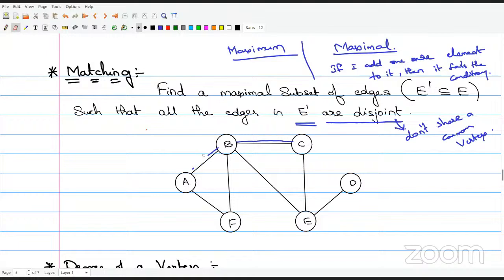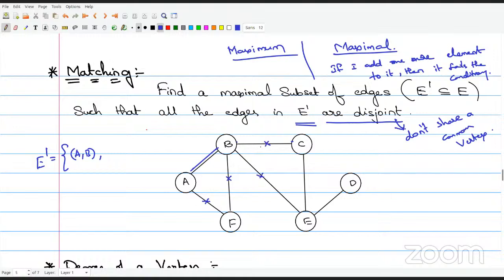So let me pick AB. Okay, so the cardinality of the set will be the same all the time? No, may not be, that we will see. Let me pick edge AB into my E dash. Once I pick AB edge, I cannot pick AF, BF, BE, BC, right?